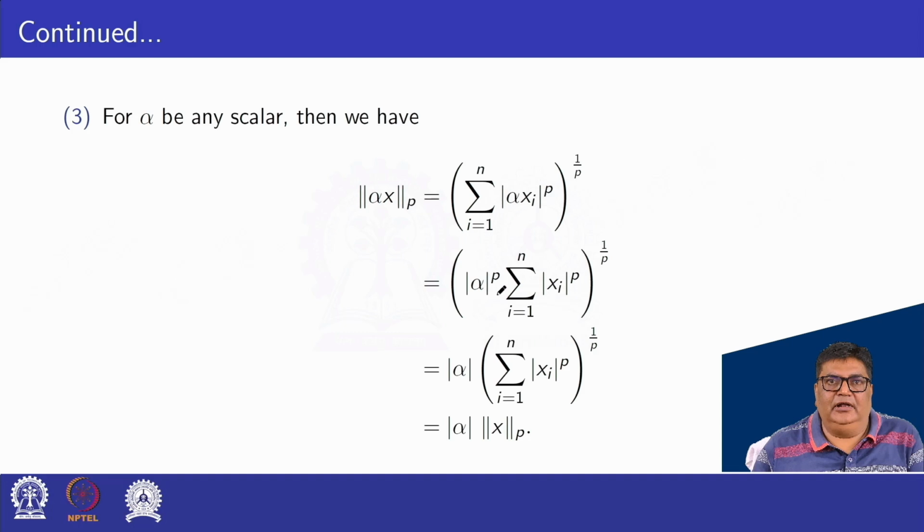That is (|alpha|^p summation i = 1 to n |xi|^p)^(1/p), that is |alpha| (summation i = 1 to n |xi|^p)^(1/p). This can be written as ||x||p. That is, ||alpha x||p = |alpha| ||x||p.